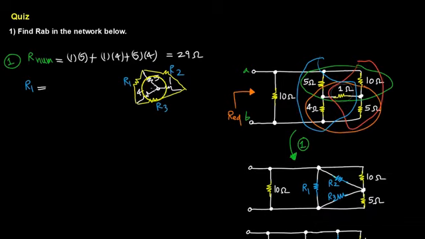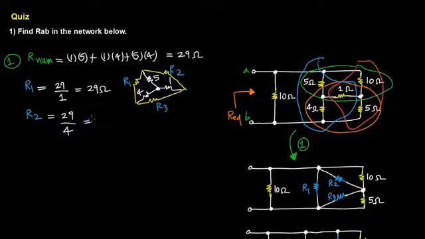So I'm going to say 29 ohms over 1, which gives me 29 ohms. Then I'm going to find R2 by looking at what's opposite to it in the Y network. That's a 4. So I'm going to have the numerator divided by that particular opposite resistor.